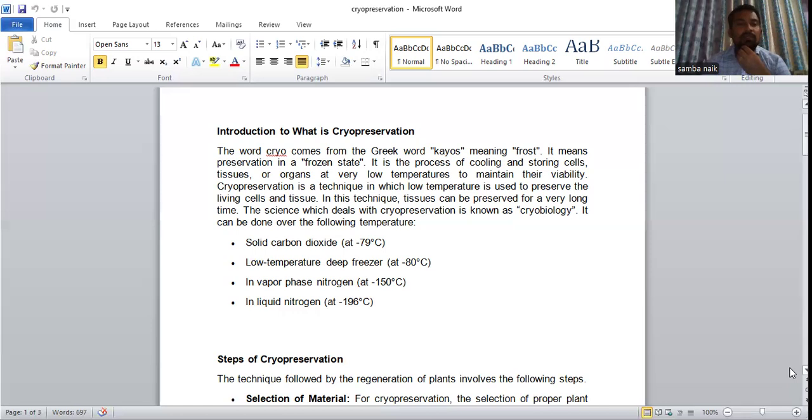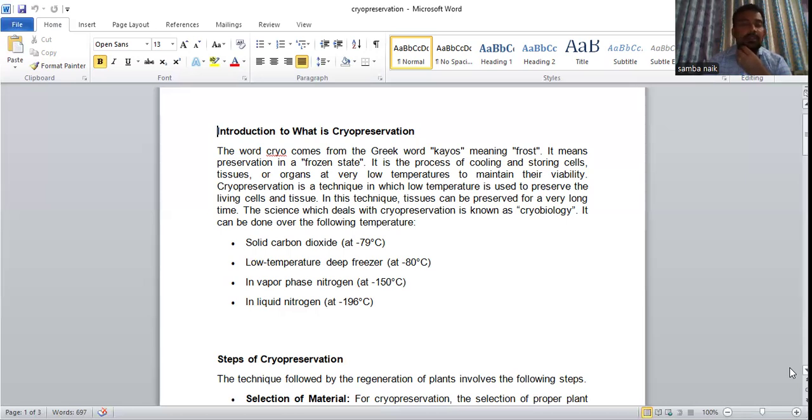In cryopreservation, we can isolate the gametes of endangered species of animals, and also plants, such as the roots of rare plants, and preserve them in a frozen condition.